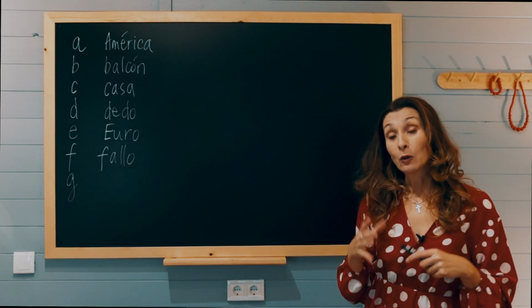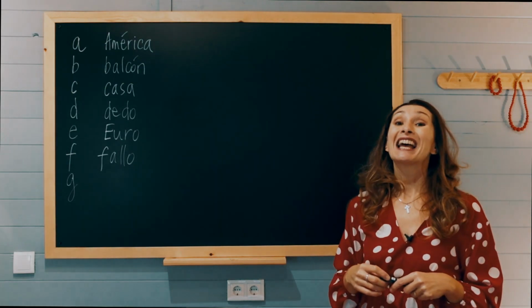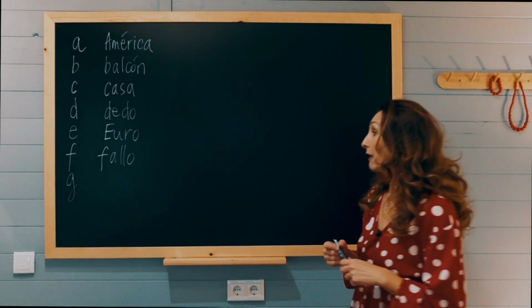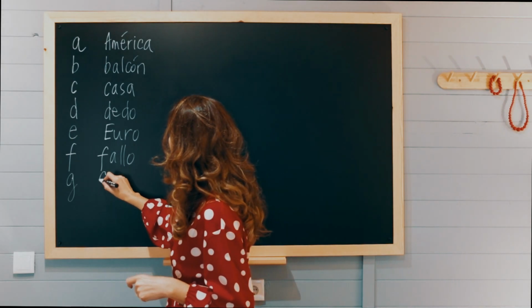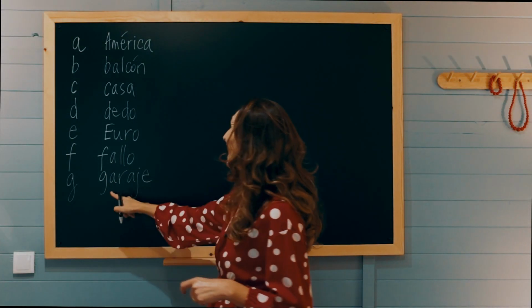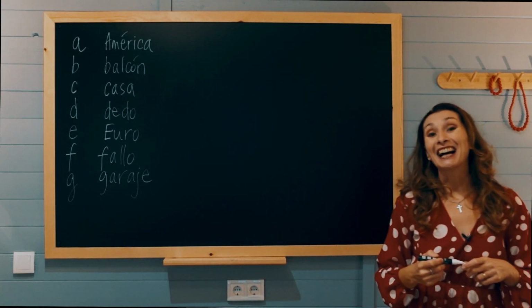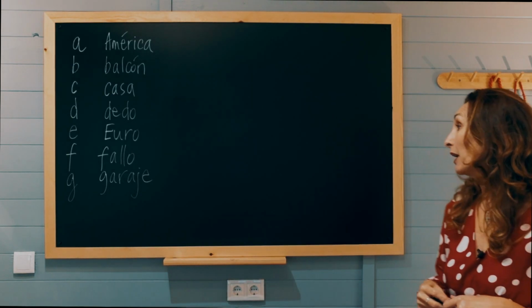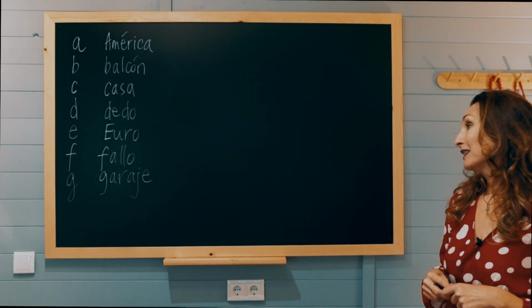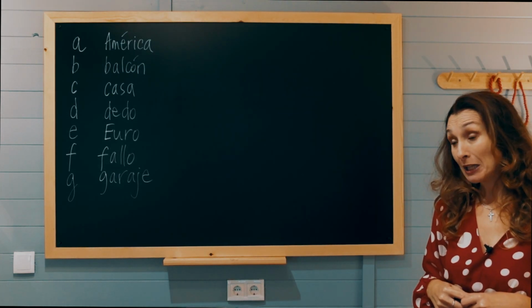So the normal way, or the standard pronunciation, is G, okay, as in garage. In fact, I will use that same word in Spanish. Garaje. Garaje is a garage, okay? So G for the letter G, okay?